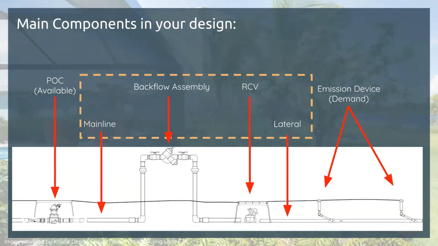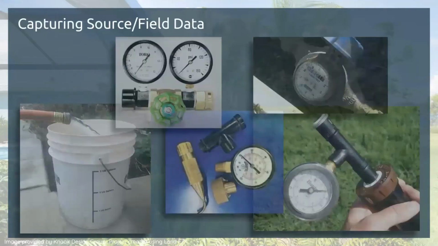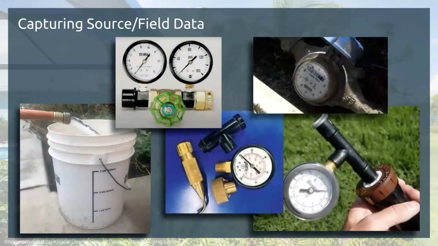There's a lot of other in-between stuff, and that's the additional information that we need to understand to get a true number of what we have as far as demand is concerned.